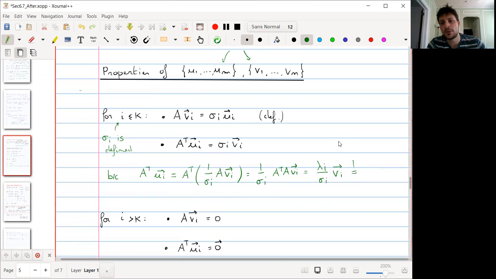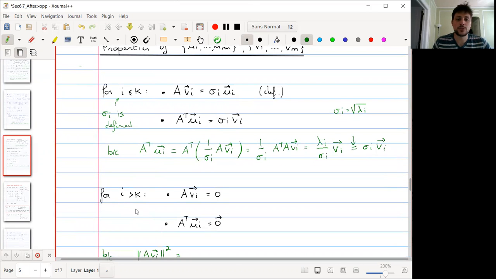But remember that sigma i is the square root of lambda i. So when I divide lambda i by it, I get sigma i Vi, which is exactly what we wanted to prove. So the definitions of singular values and singular vectors are satisfied for i less than or equal to k.